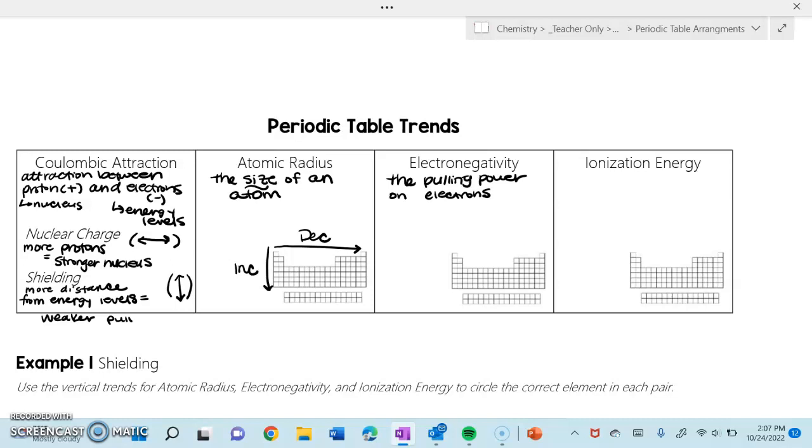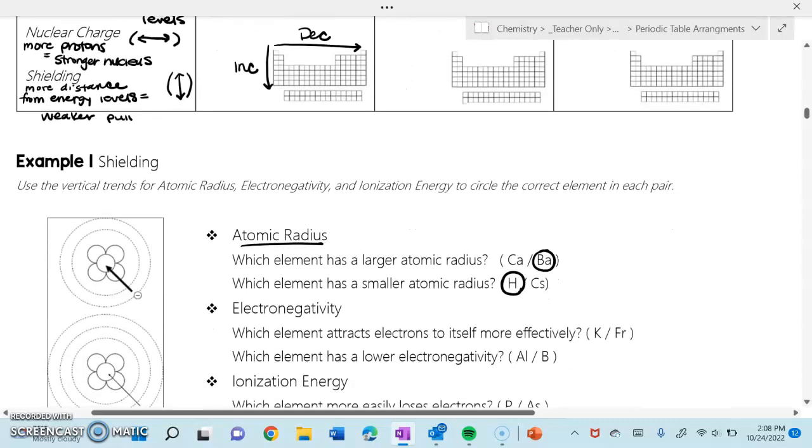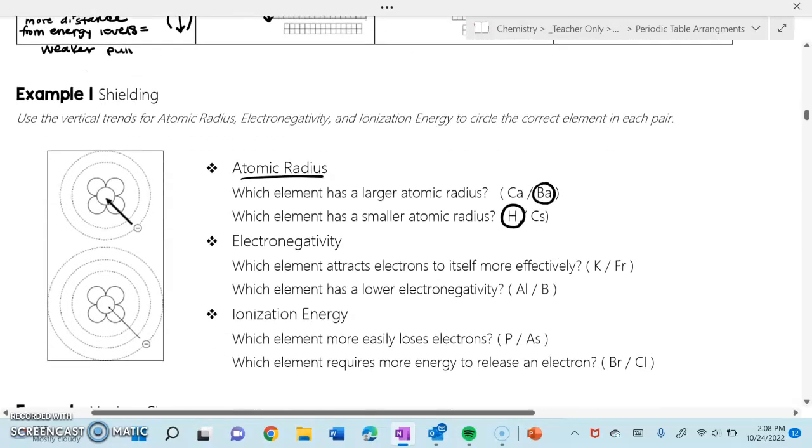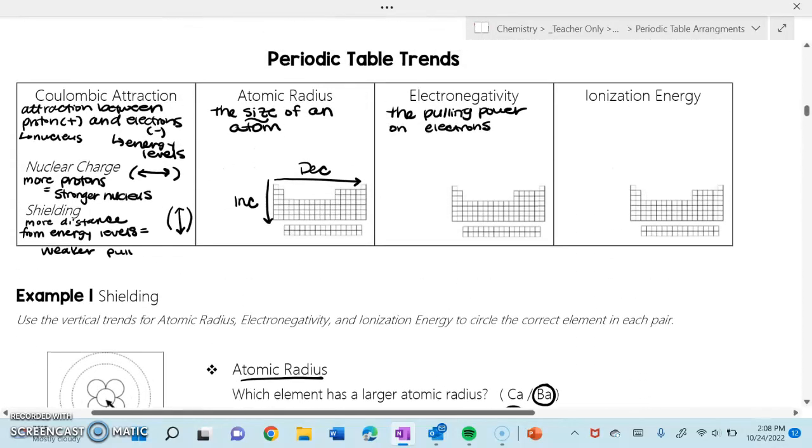If we have a stronger force of attraction, then we're going to be having a higher electronegativity. That means when our atom is smaller, our force of attraction is going to be larger. So our properties are going to have opposite trends here. When it's smaller, we have a bolder arrow in our pictures because it's closer. The smaller the distance, the greater the attraction.